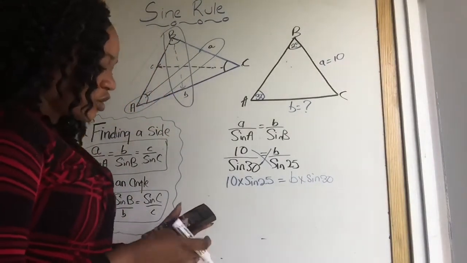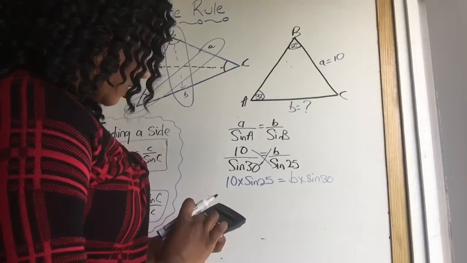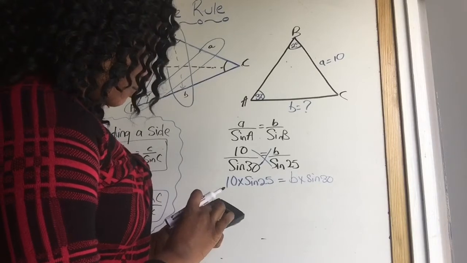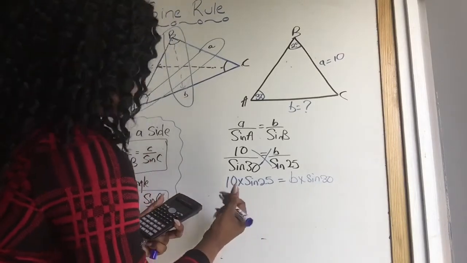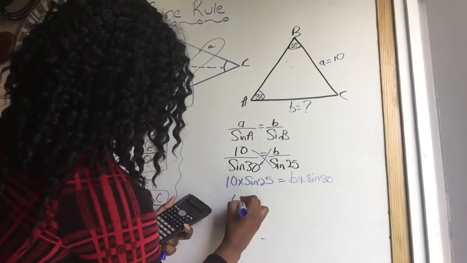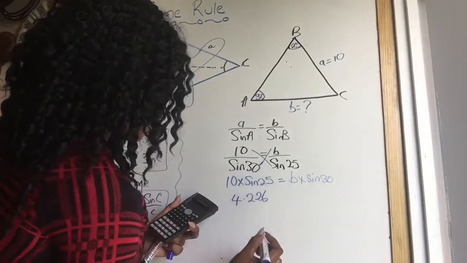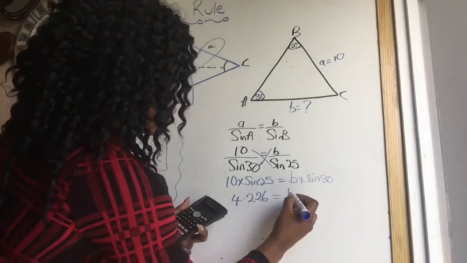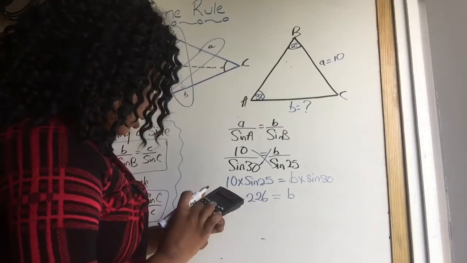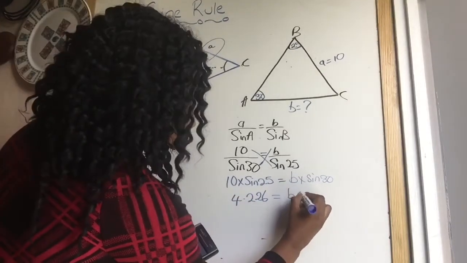If you go straight into your calculator, 10 multiplied by sine 25 is equal to 4.226, and that is equal to b times sine 30, which is 0.5.